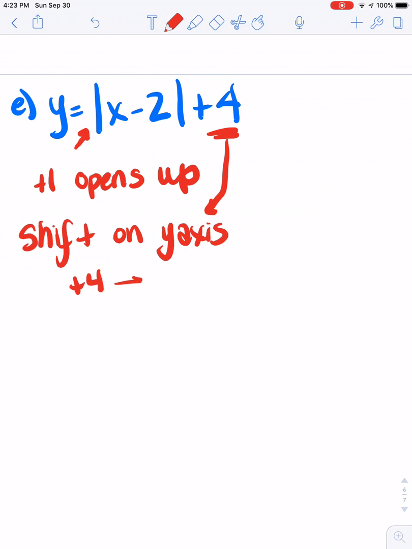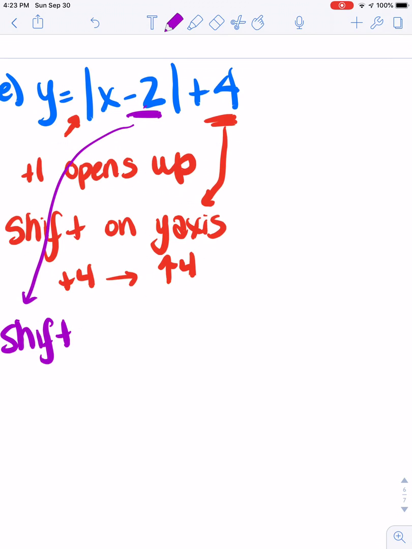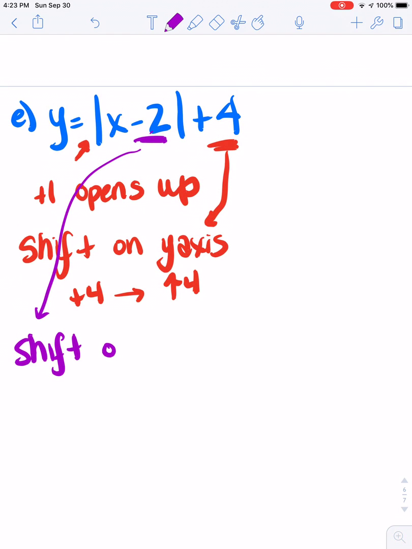So positive 4 means it goes up 4. And this right here is a shift on the x-axis.